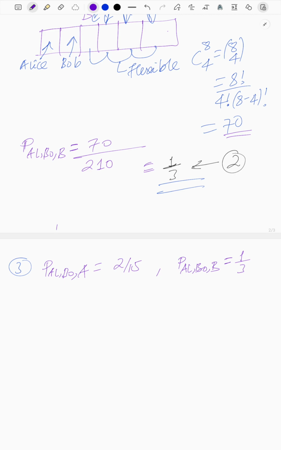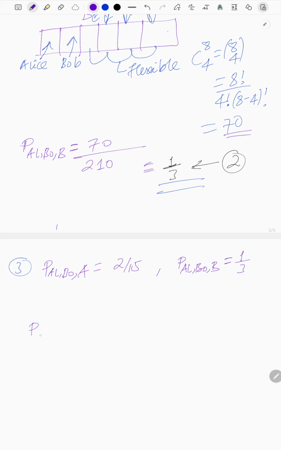They can be in group A or they can be in group B. So we have two possibilities, and they are exclusive events. So the probability that both of them are in the same group is going to be the addition of the probability of Alice and Bob in A and the probability of Alice and Bob in B.